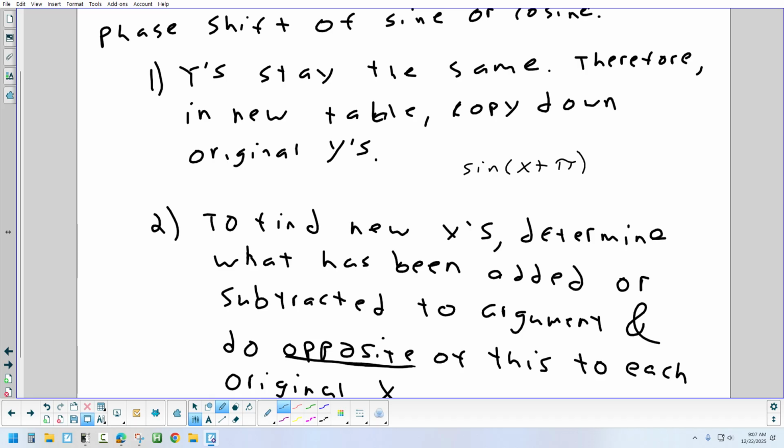If you see something like cosine of x minus pi over 2, a minus is going to shift it to the right. The only way a graph can move to the right is if all the x values get bigger. So you have to add to make them bigger. So whatever you see inside parentheses, we already know it, but just remember, always do the opposite.